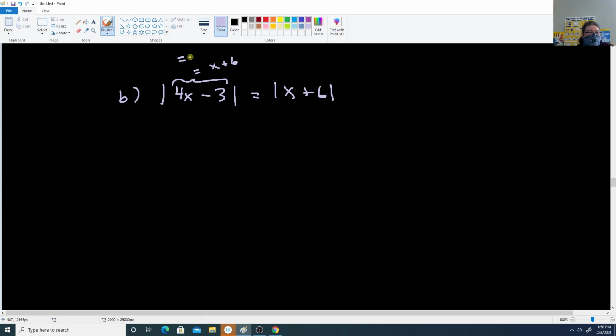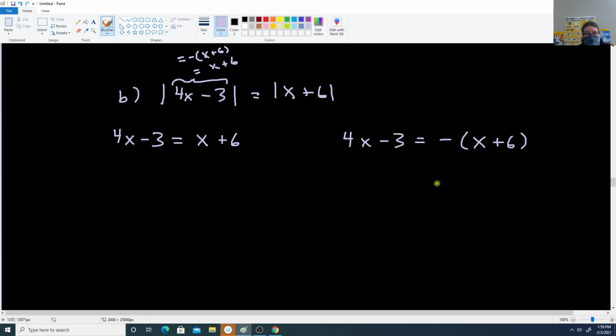But since absolute value makes negatives positive, if I replace it with a negative x plus 6, absolute value of the negative would peel the negative away, and we would be left with the same thing. So we have the same idea here as in the previous one, where I set the inside of the first term equal to the second term as is, and I set the inside of the first term equal to the negative of the second term.